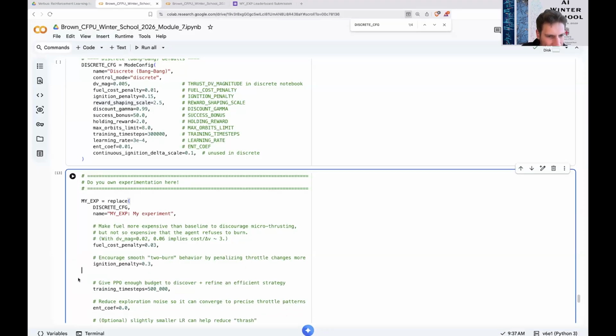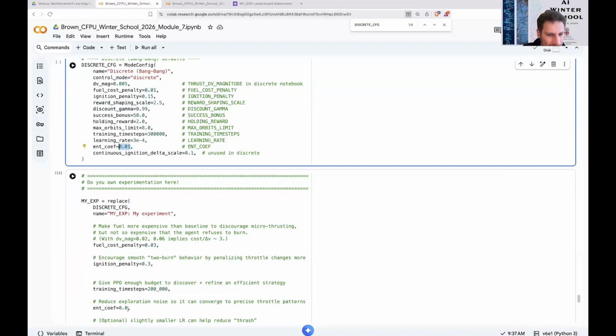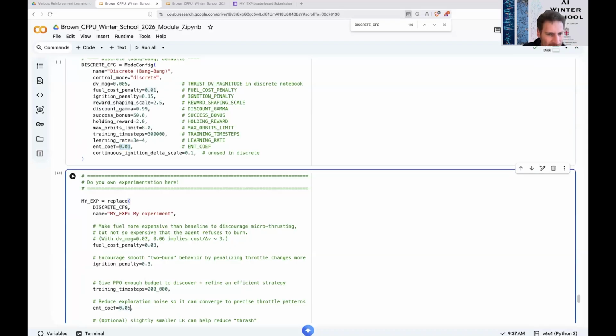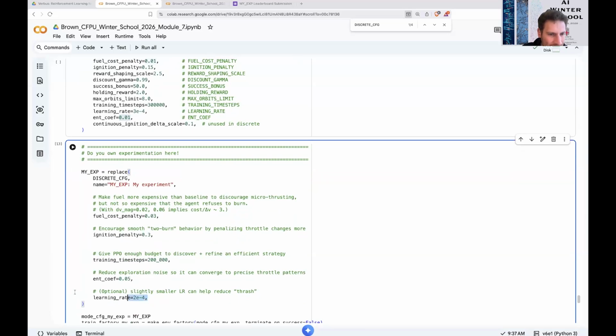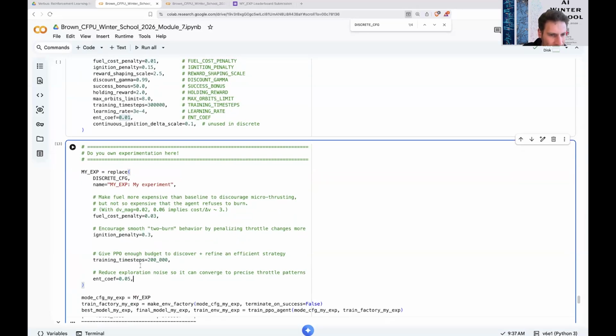I'm not going to change that. I can try fewer time steps, so it'll complete faster. And I'm going to try a larger entropy coefficient. Let's see what happens if we go up a factor of five and not change the learning rate.